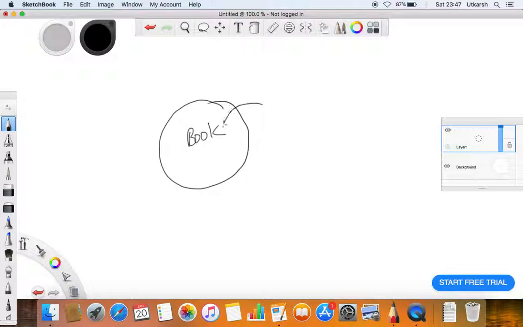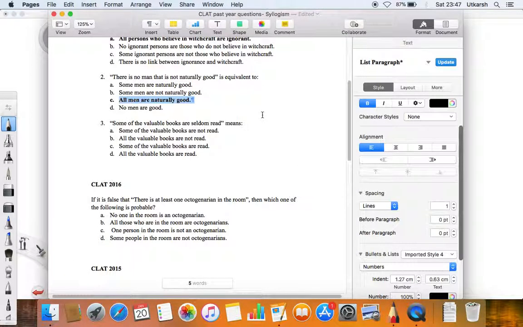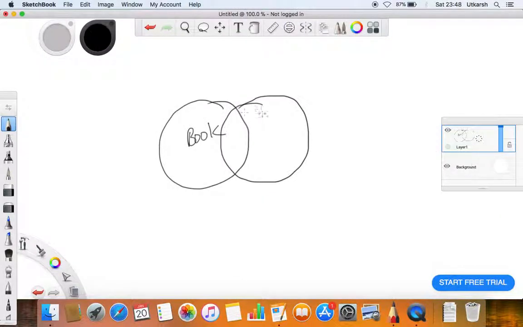Now we have some of the books. Okay, there's seldom read also, but I don't think they use often or seldom. I think it's again a poorly framed question, but whatever.